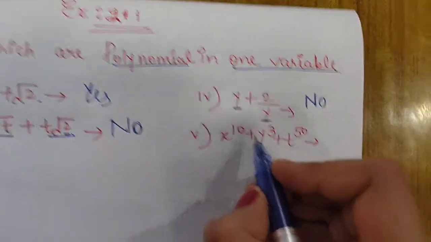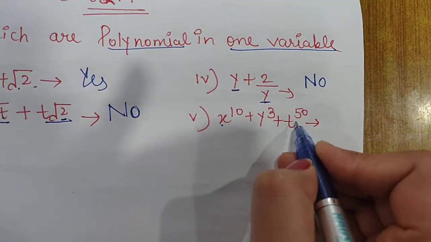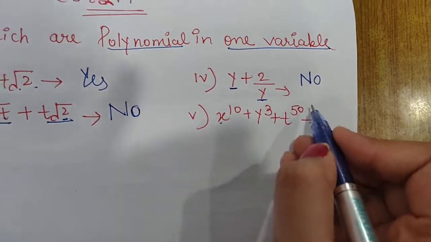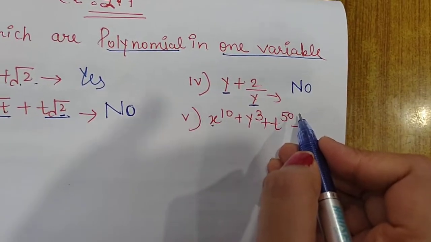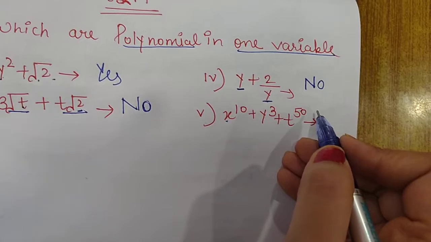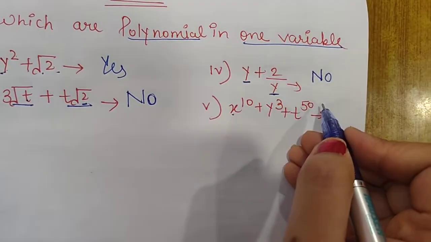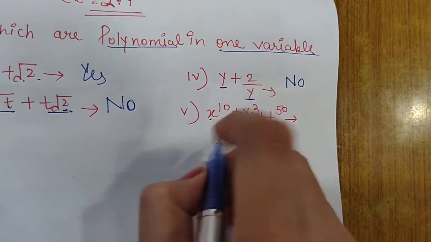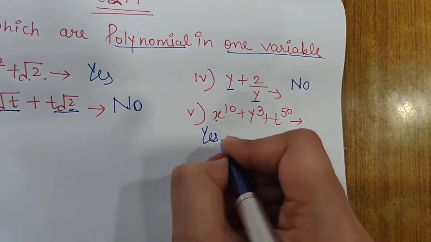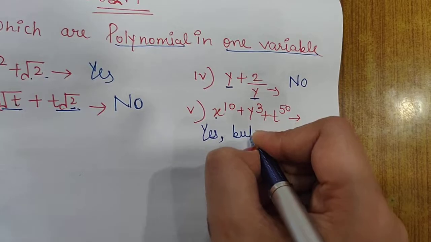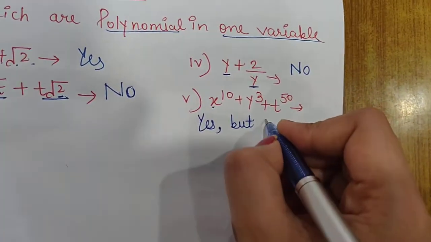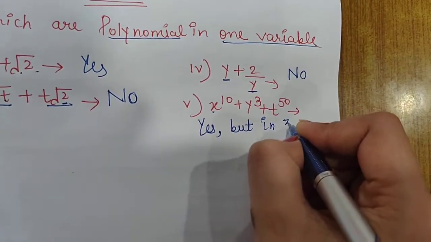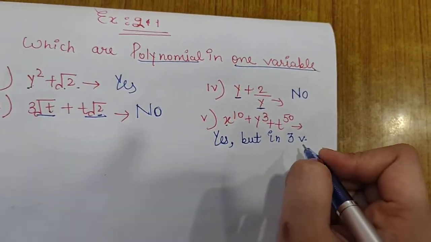Here you can see there are three variables x, y, t, and all the variables' powers are whole numbers. So yes, this is a polynomial, but not in one variable. This polynomial is in three variables. So we cannot write no, we will write yes, this is a polynomial, but in three variables, not in one variable. Got it?